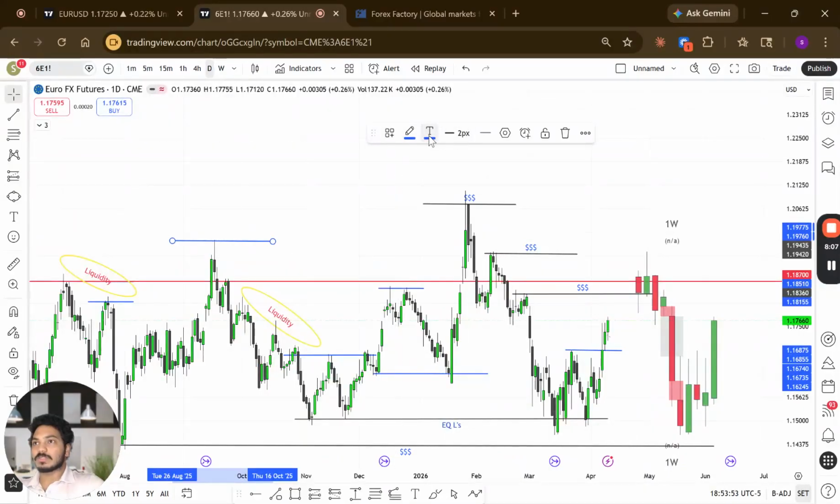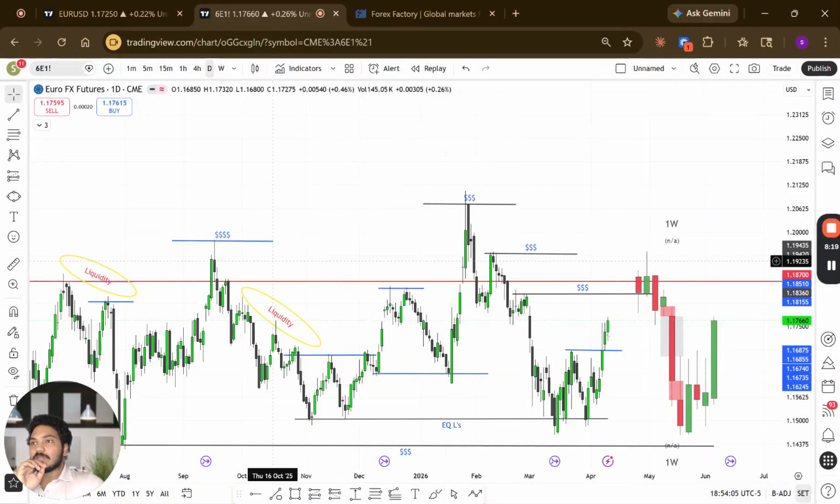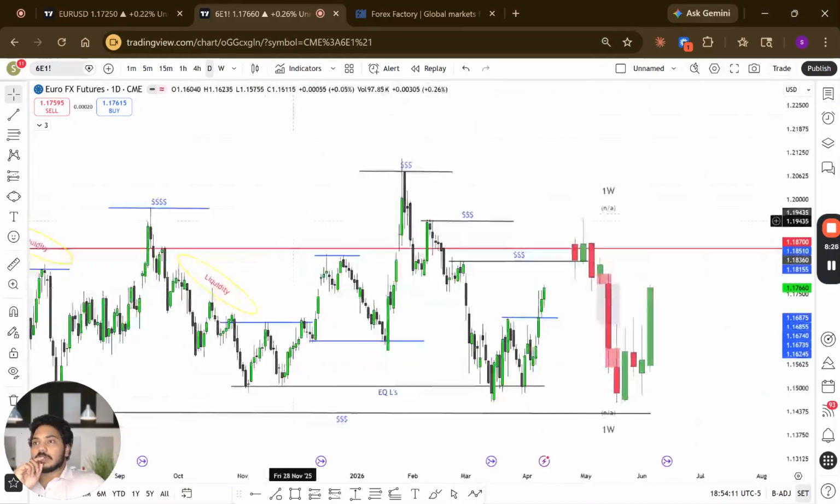Now even above this high, we can find liquidity. So it went to take out all the liquidity above this.